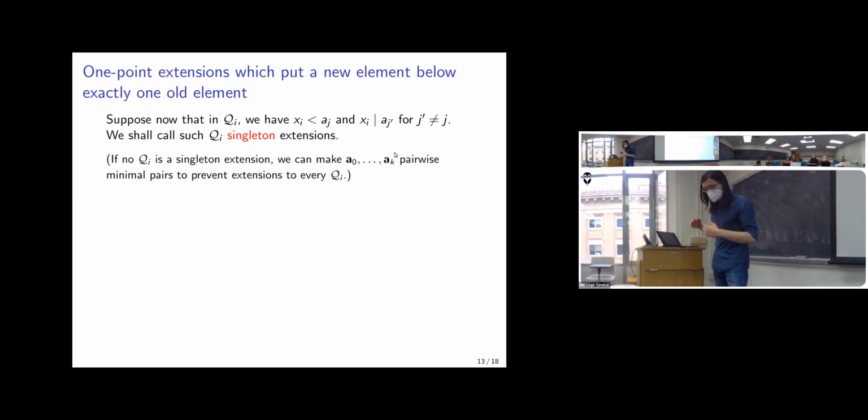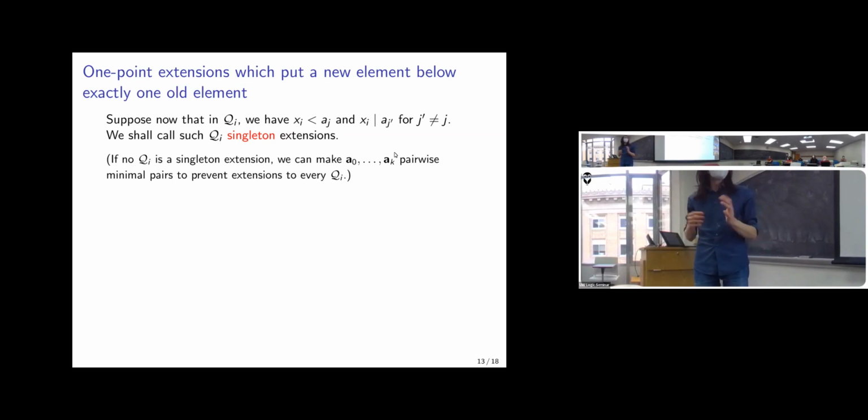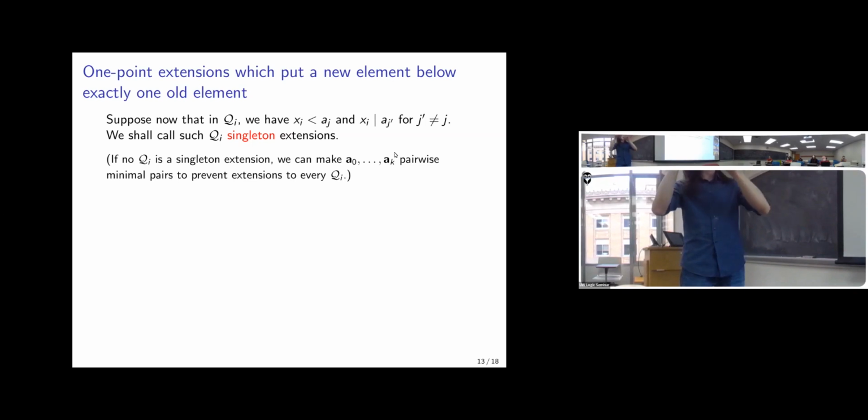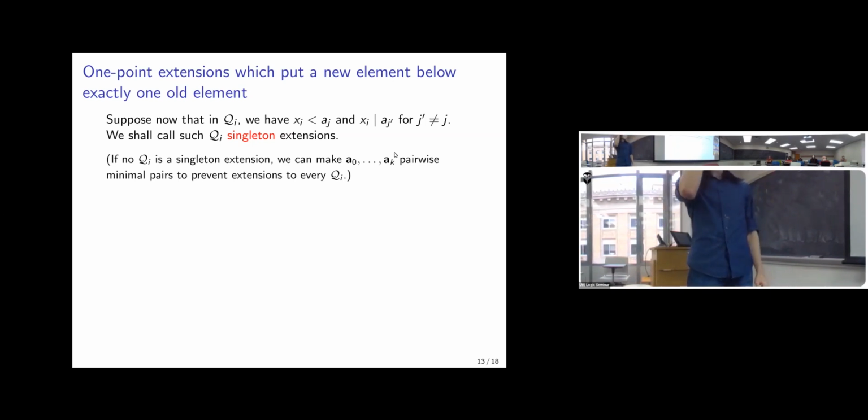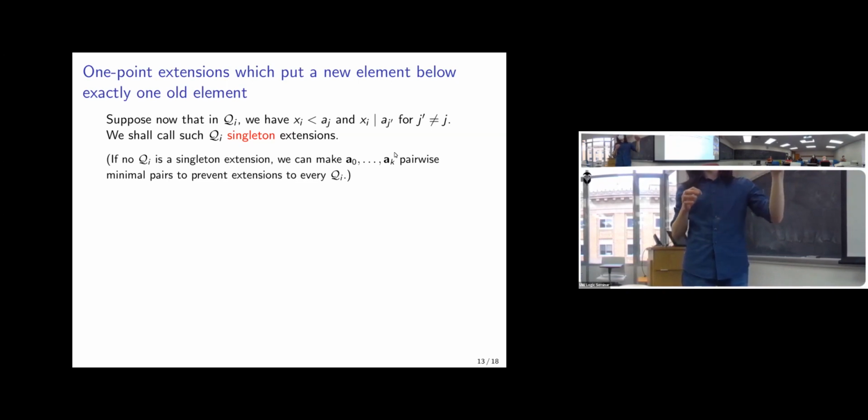First of all, if there are no singleton extensions, what does that mean? That means that for all of the Qis, the xi must be below at least two aj's. That's what it means to not be a singleton. Then we can easily prevent those extensions from happening by making A0 to AK pairwise minimal pairs.